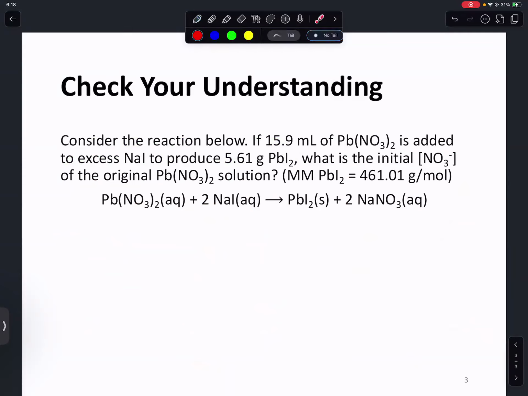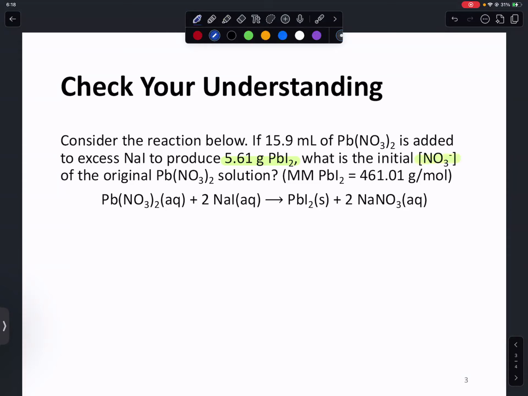So this question asks, we have here a reaction that is written out for you, balanced, and if 15.9 milliliters of lead 2 nitrate is added to an excess of sodium iodide to produce 5.61 grams of lead 2 iodide, what is the initial concentration in moles per liter?